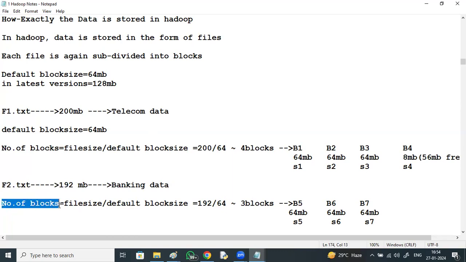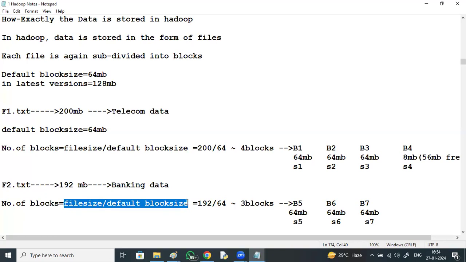Number of blocks equals file size divided by default block size.